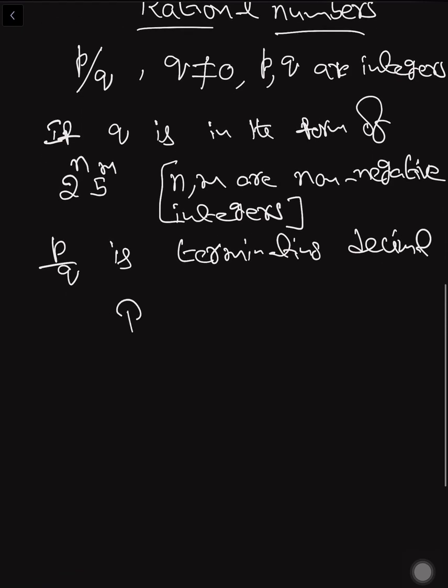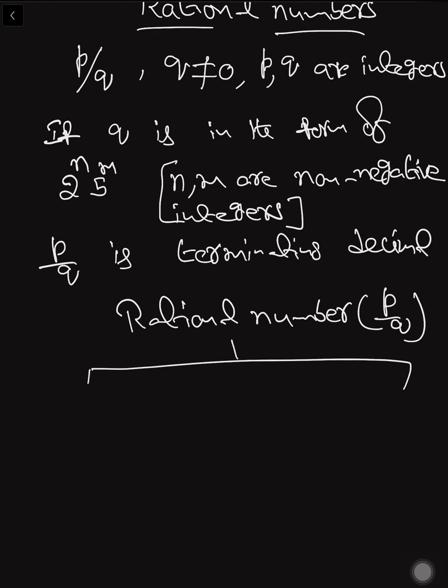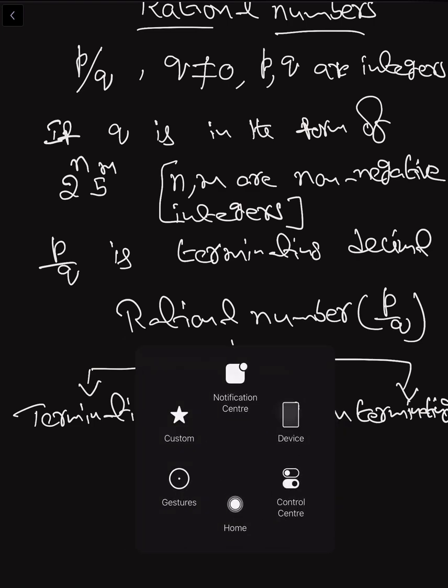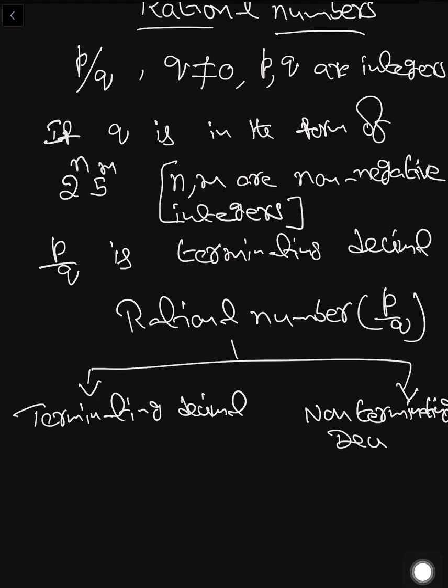Simply, a rational number in the form of P by Q is of two types: terminating decimal and non-terminating decimal. In a terminating decimal, Q is in the form of 2 to the power of n, 5 to the power of m.